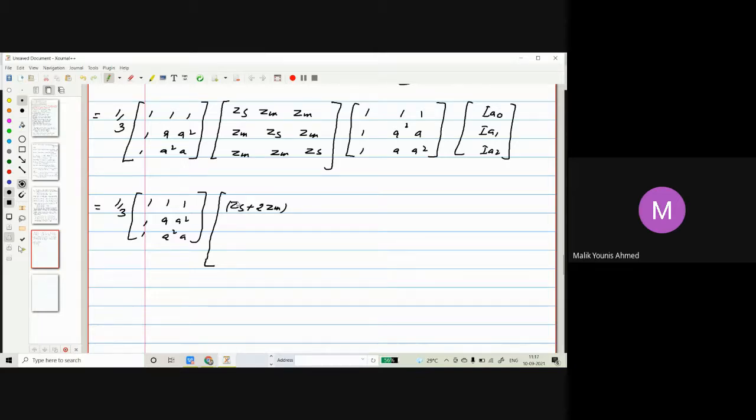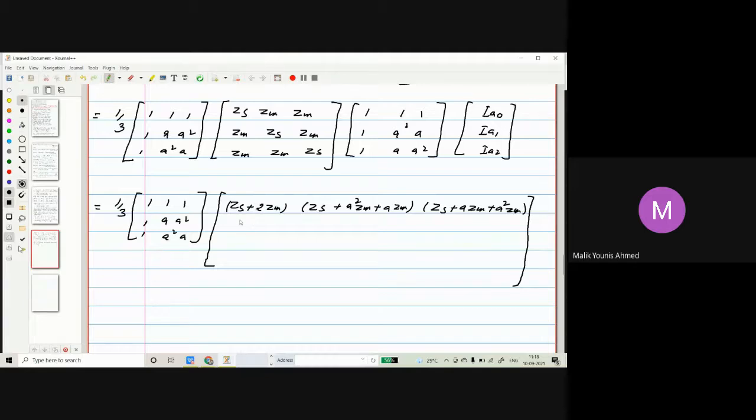Second will be ZS plus A square ZM plus A ZM. Third entry will be ZS plus A ZM plus A square ZM. Okay, that will be the third element of this row.